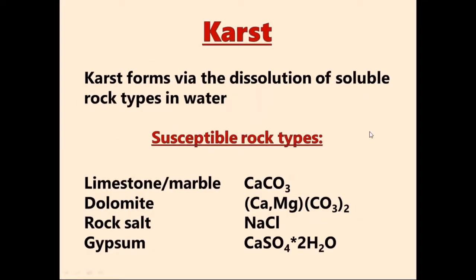The rock types that are susceptible to karst or karstification include limestone and marble, which are both comprised of calcium carbonate, dolomite, which is also calcium carbonate but with some magnesium in there as well, rock salt, and gypsum, which is a hydrated calcium sulfate.